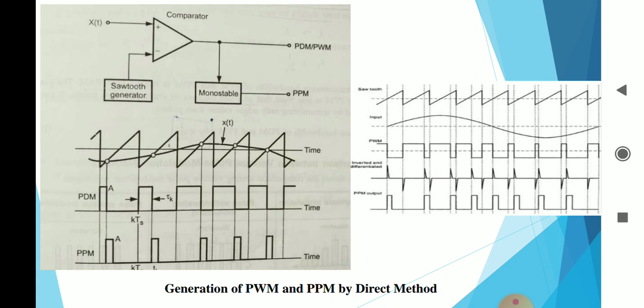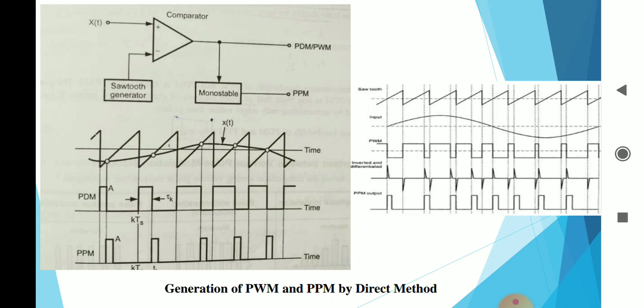The sawtooth waveform consists of a ramp signal, and suddenly it falls to the zero value. So during that cycle duration, at the starting of the sawtooth waveform, my PWM waveform starts and maintains a constant amplitude until it meets the message signal.